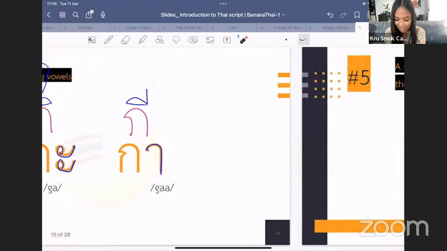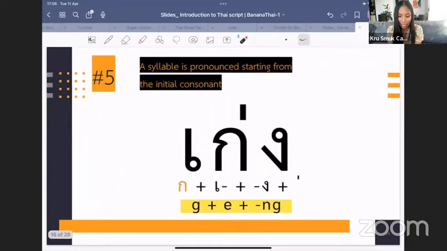Okay, so a syllable is pronounced starting from the initial consonant, followed by a vowel, ending consonant, and then tone. So if you want to read this, should I start from the left? Okay, let's take a look. This is sara a sound, a vowel.